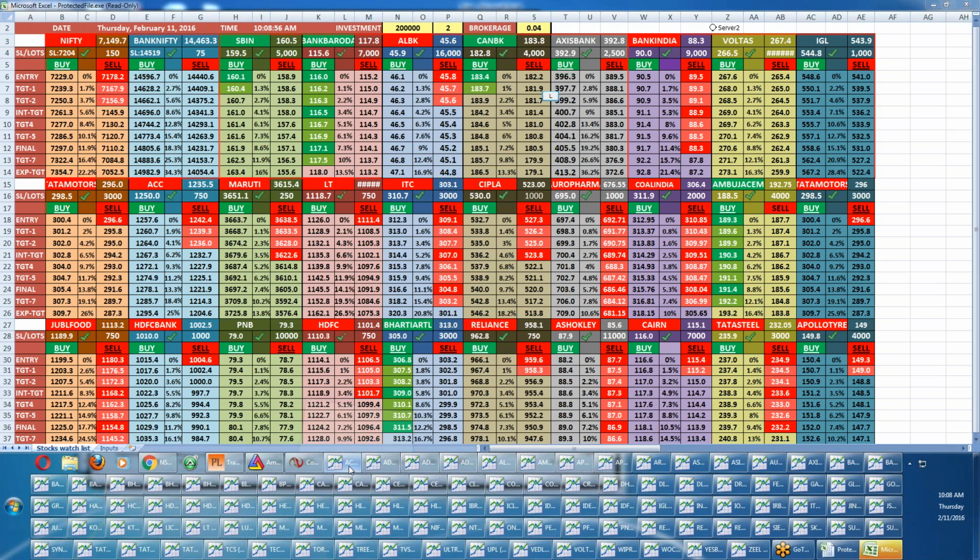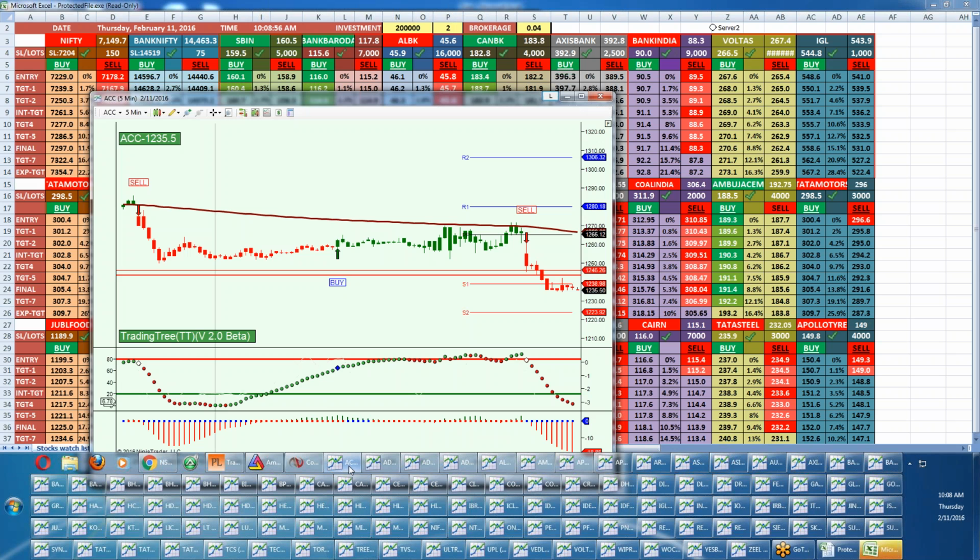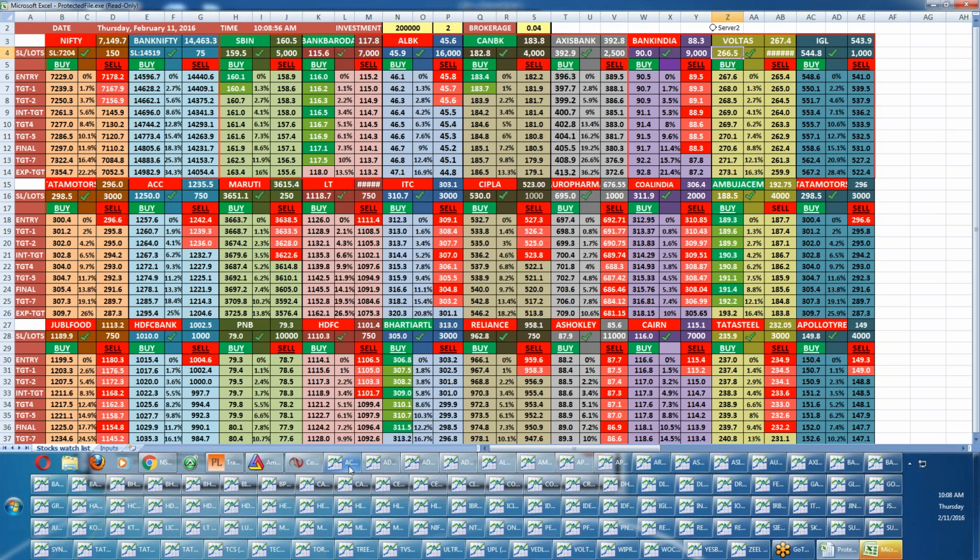Let's check ACC. Okay, that's flat. So HDFC has done its intermediate targets, 5 rupees profit.